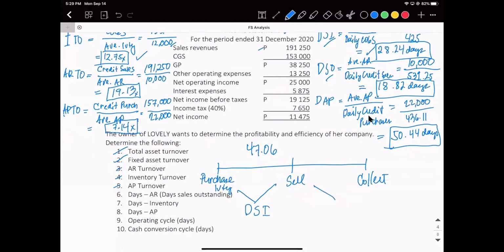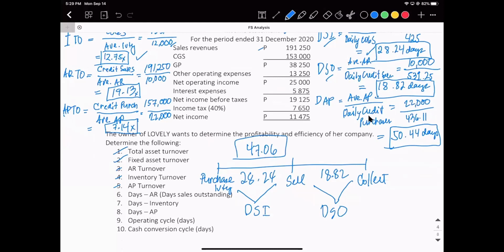Ito naman class yung DSO. So, if this is 28, ito naman ay 18.82. Pwede mong i-add. Ang total will be 47.06. That is your operating cycle.